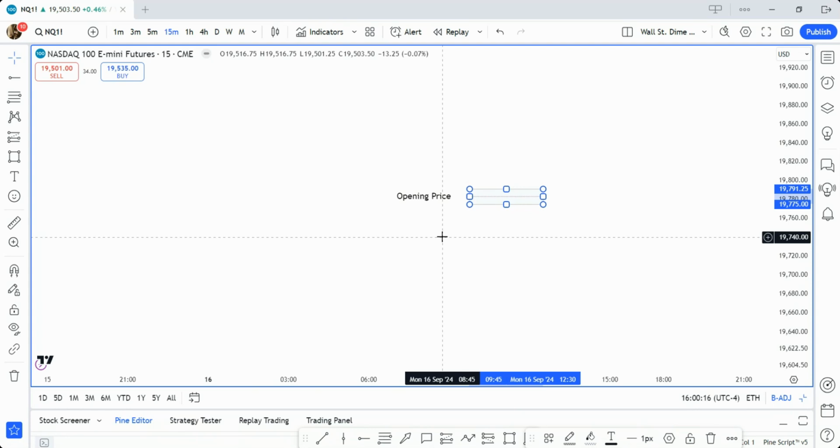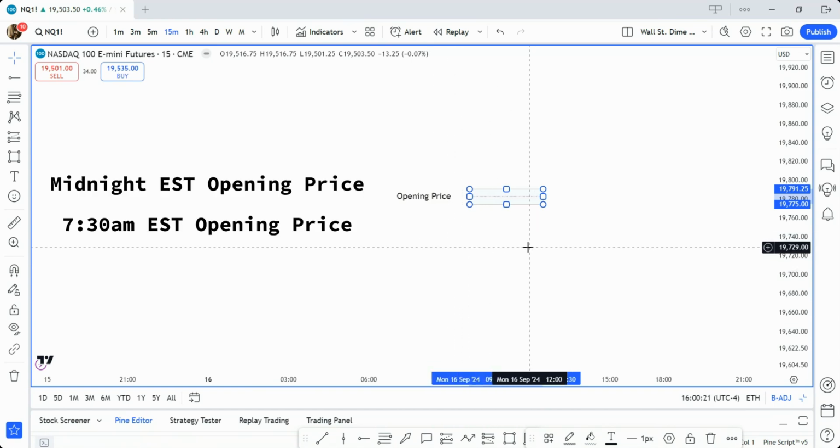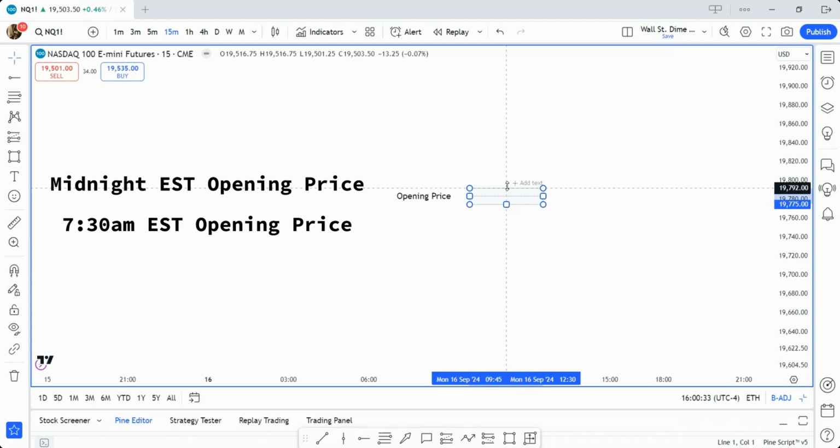So two levels that I started placing on my chart are the midnight opening price and the 7:30 opening price. If you think about opening price, and let's say you have a bias that day, you think the market goes higher, then you should definitely see price moving above the opening price, right? And this is how the candle will form.